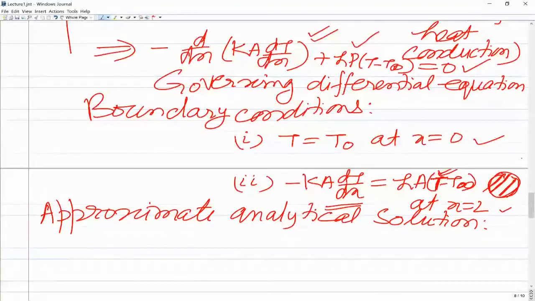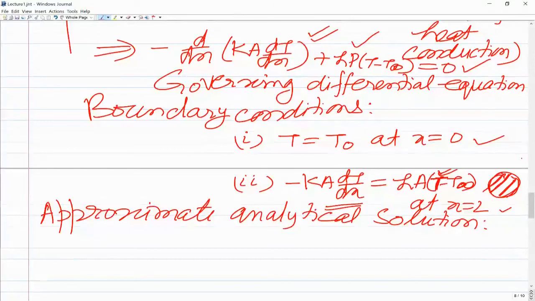Boundary conditions may be satisfied exactly. Sometimes even both may be satisfied approximately. But most of the time we work with solutions which exactly satisfy the boundary conditions but approximately satisfy the differential equation. And if in the process we get a solution which exactly satisfies the differential equation, then it becomes the exact solution of that problem.